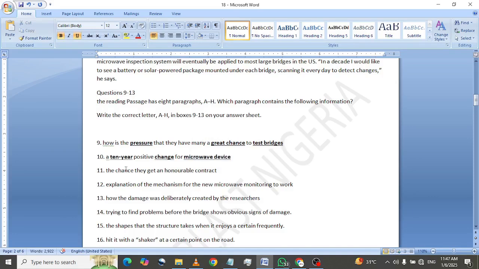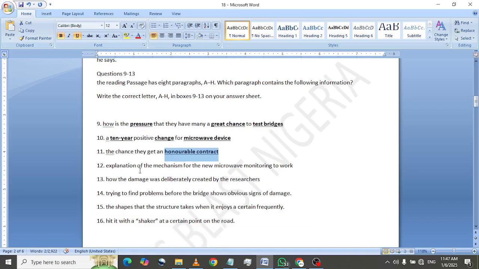Then question 11, the chance they get an honorable contract. So our keyword here is what? Honorable contract. Then the other one is explanation of mechanism for the new microwave monitoring to work.